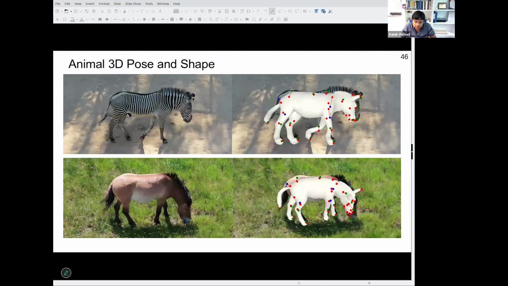And we've been looking at optimization-based methods, which is also typical in the literature, which is to use ViTPose or some other pose estimator to get the 2D key points and then formulate an optimization problem to solve for some 3D pose parameters.